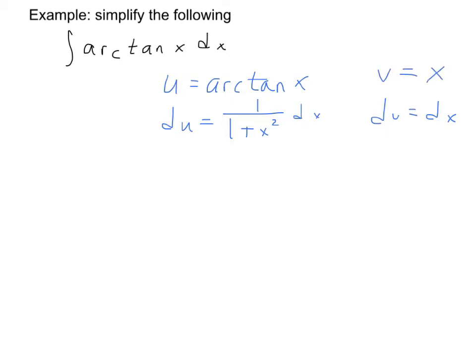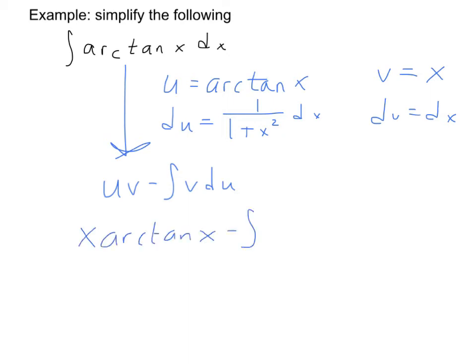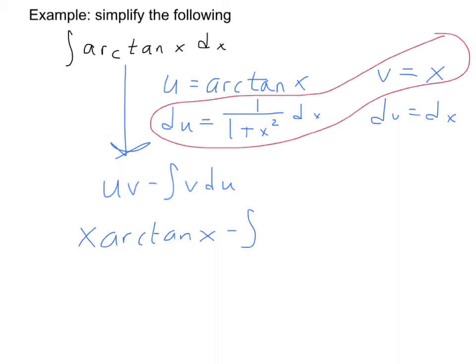Okay. Then, just like before, I take this thing and I use my integration by parts rule. Remember to write that thing down until we have it firmly memorized. So now I'm just plugging pieces in, right? This is x arctan x minus the integral of v du. When I put those things together, I end up with x over 1 plus x squared dx.